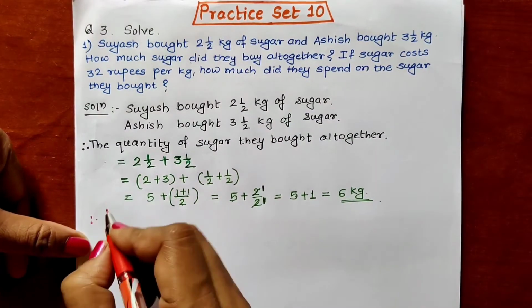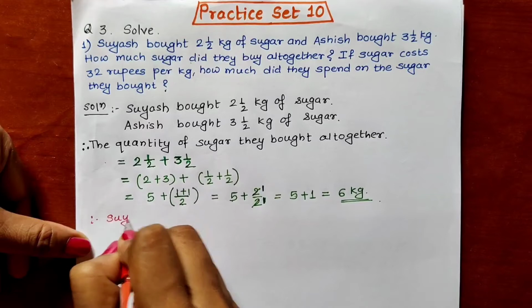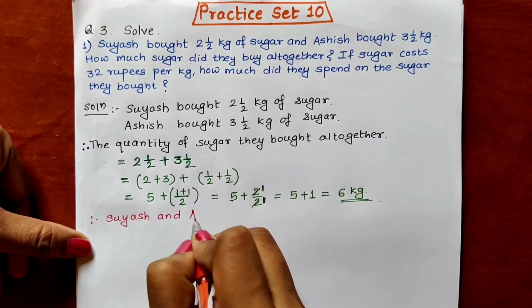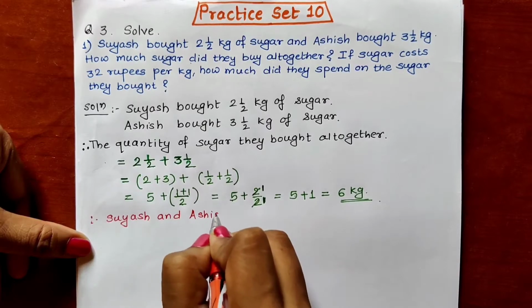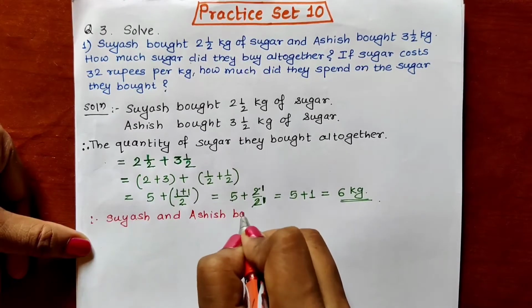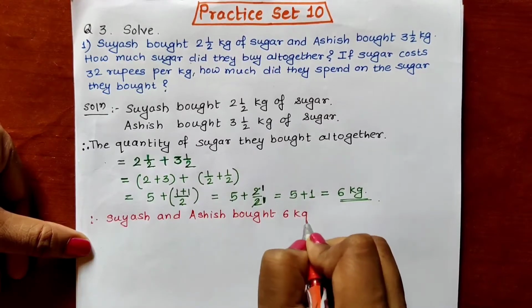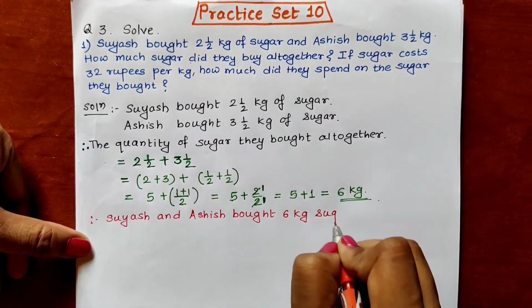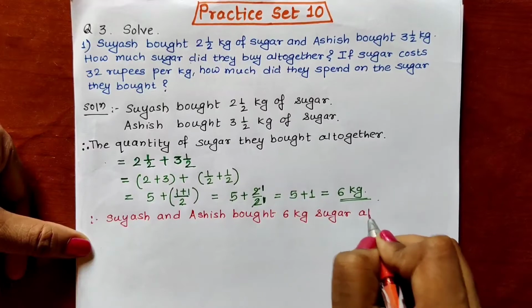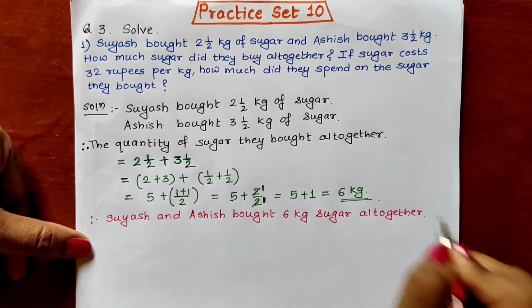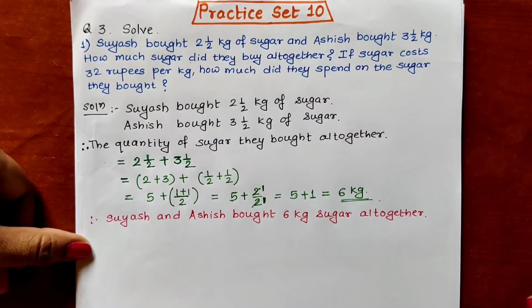Therefore, Suyash and Ashish bought 6 kg sugar all together. Okay, all together they both bought 6 kg of sugar.